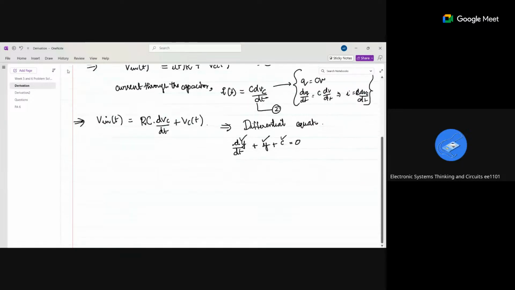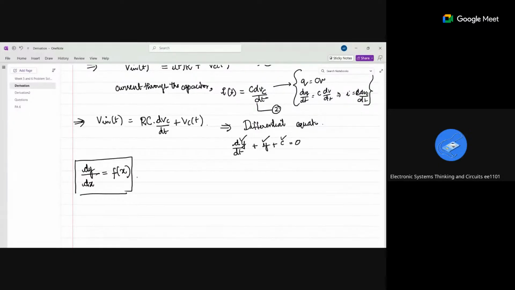But we know that if my equation is in this format, dy by dx is equal to f of x, I know the answer, right? If somehow I bring my equation to this format, then I will be able to apply this equation, which is y is equal to integral of f of x dx plus c.